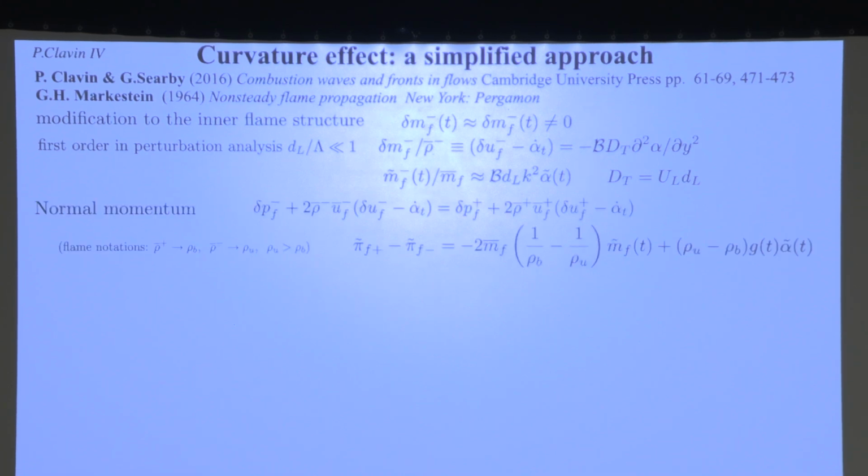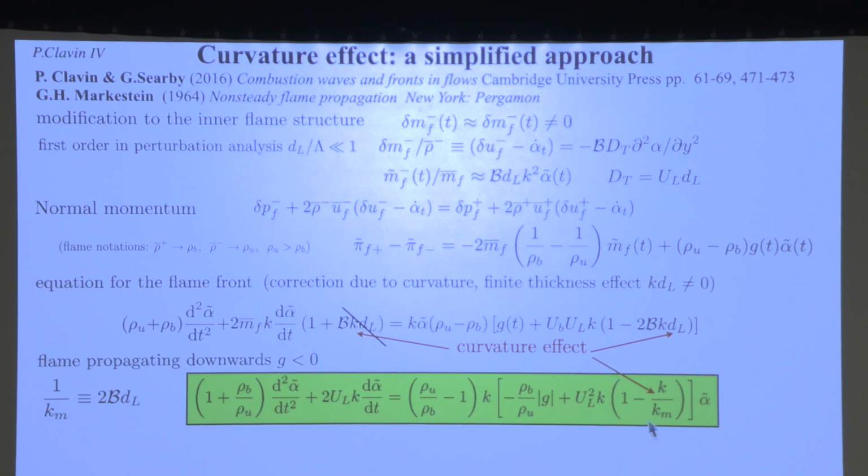I will go fast because I have no time to give you all the detail. But you see now, this jump that you have here is balanced, in fact, by a quadratic term, a cubic term.